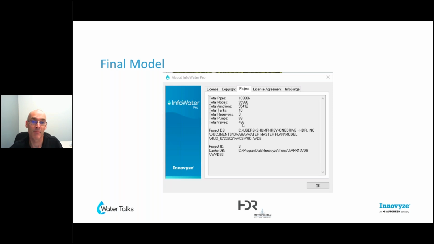And then we ended up with a little less than 500 total valves. So even though they have, gosh, probably 40,000 system valves in their system, we only physically modeled about 500 of those. So those were PRVs, flow control valves, and zone isolation valves.